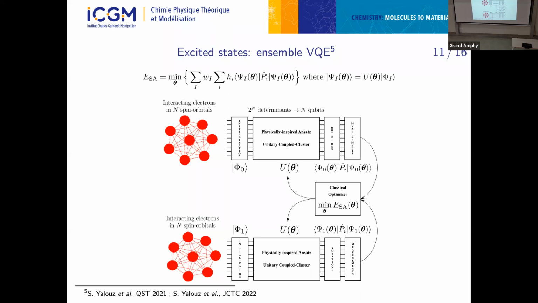And so those states are orthogonal, and you apply the exact same unitary on those states. So you conserve orthogonality. And instead of minimizing the ground state energy, you minimize the ensemble energy. And by virtue of the variational principle, you should get the ground state energy here and an excited state energy here, orthogonal to the ground state. And it should be the first excited state.